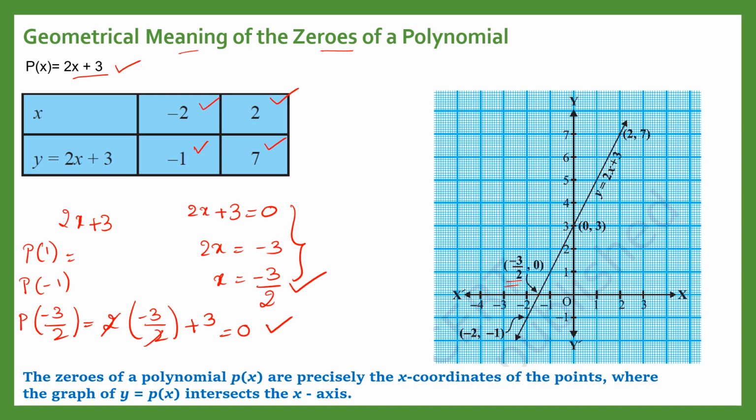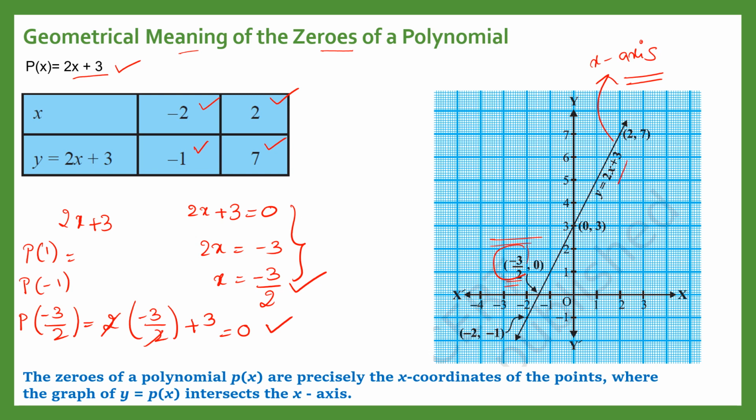So the x coordinate of this point is nothing but the zero of the polynomial. That means we should check the point where this line intersected the x-axis. The x coordinate of that point will become the zero of the polynomial.